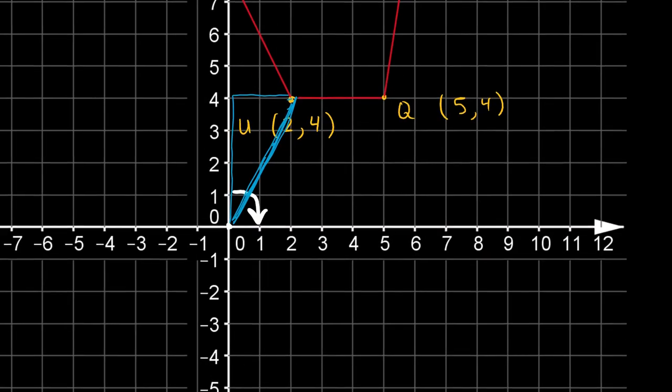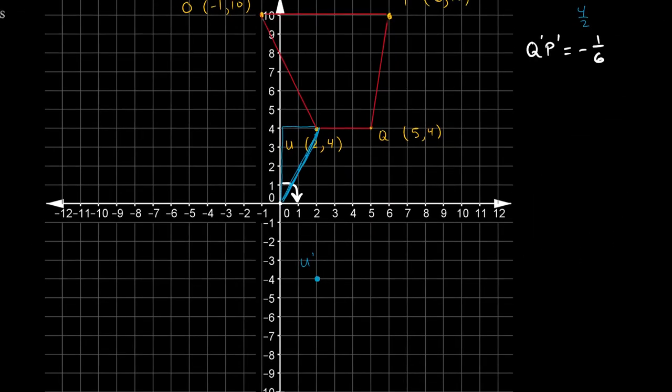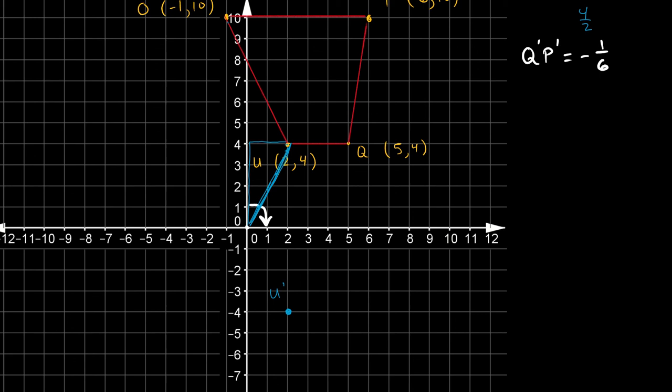If I was to go over 2 and down 4, 1, 2, 3, 4, this point located here should be where U's going to. So this should be the point U prime. Now, I don't exactly see this yet, but I'm going to keep going with this tack and see how far this gets me. Let me use another color for the next one.